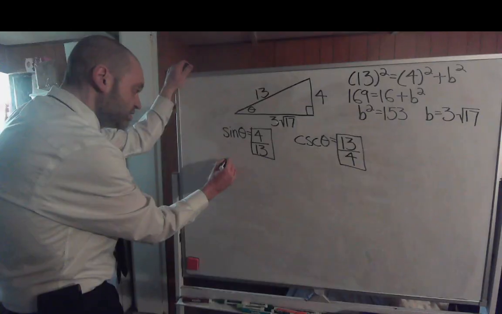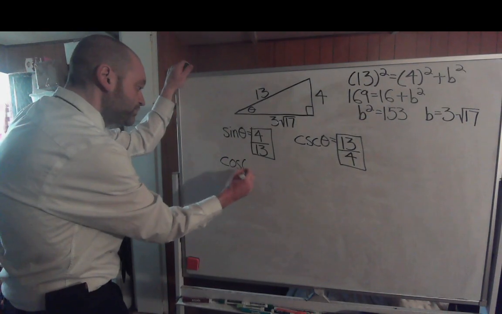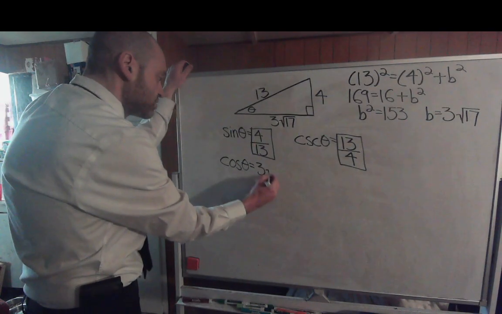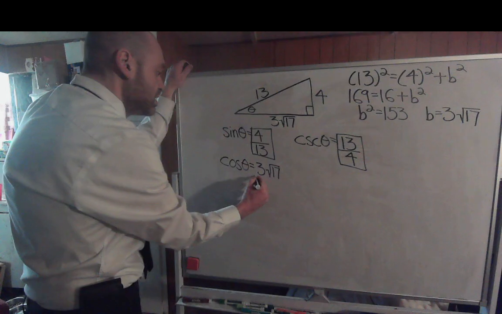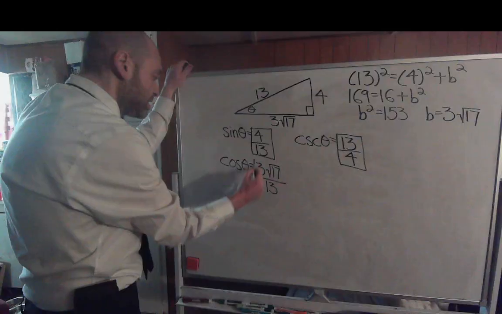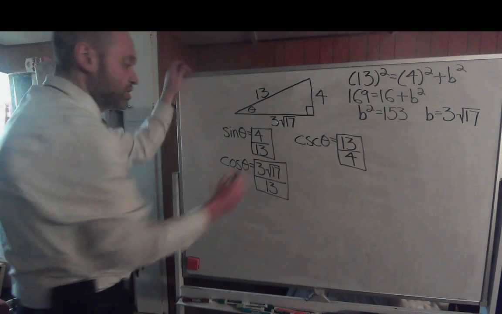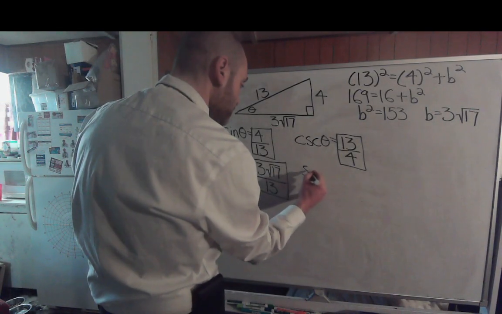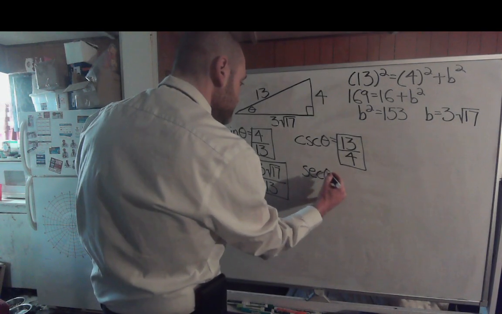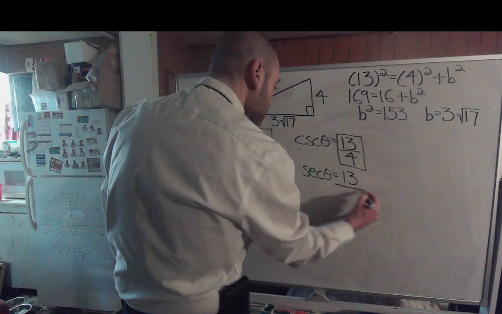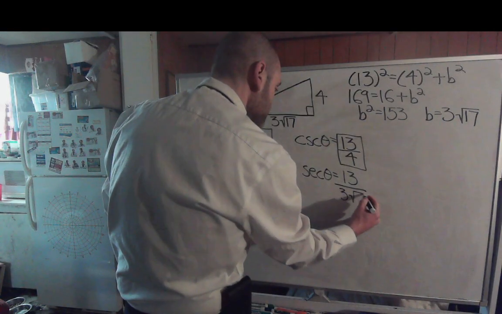Alright, now let's deal with the cosine of theta. Cosine equals your adjacent leg of 3 times the square root of 17 all over your hypotenuse, which is 13. So there's your cosine. Now we can deal with the secant, which is the reciprocal of the cosine. So secant of theta, this would turn into 13 all over 3 times the square root of 17.